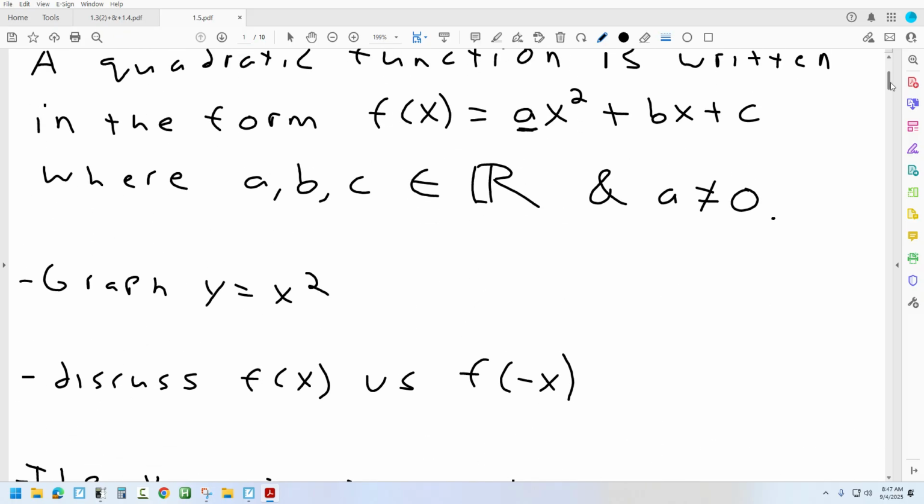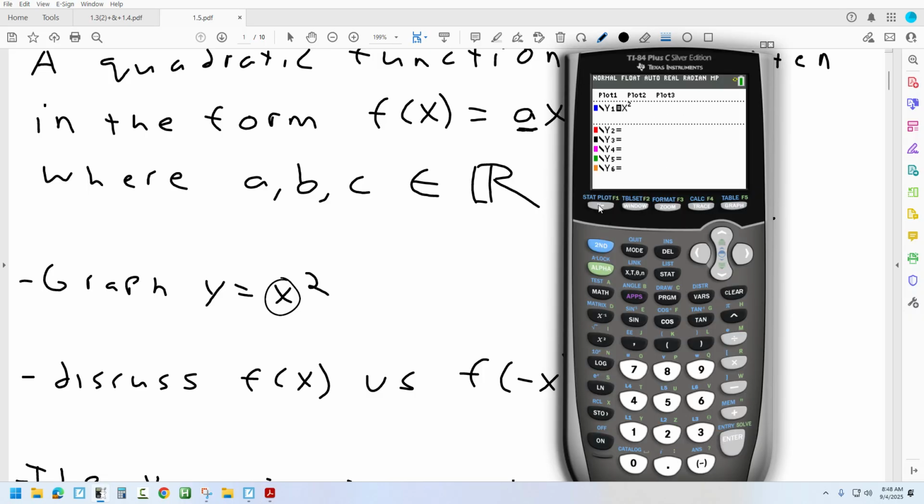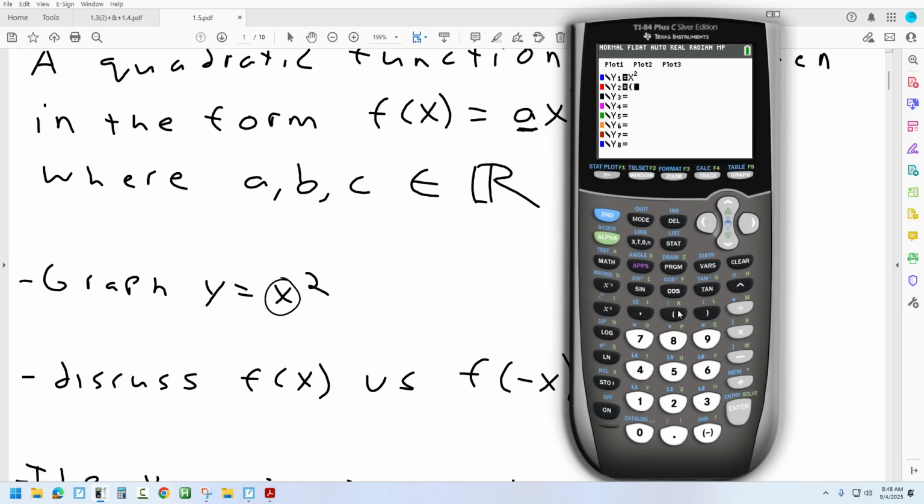Now, I want to try something a little different. I want to graph the same thing again, but instead of having an x as the variable, I want to replace the variable with a negative x and see what happens. All right. So I'm going to go to y2. I'm going to leave it right where it is, the one that's in y1.